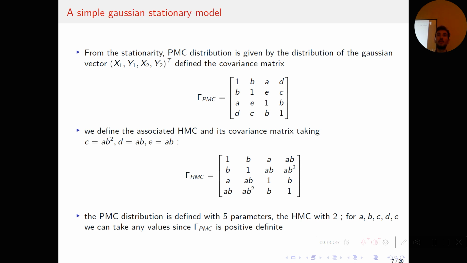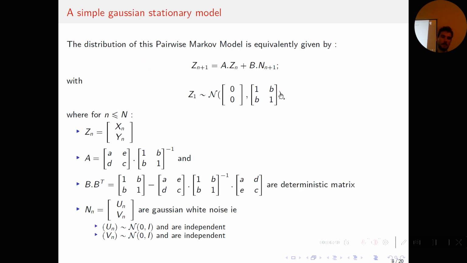HMC is defined with only 2 parameters. We can take any values for our covariances as long as the covariance matrix is positive definite, of course.